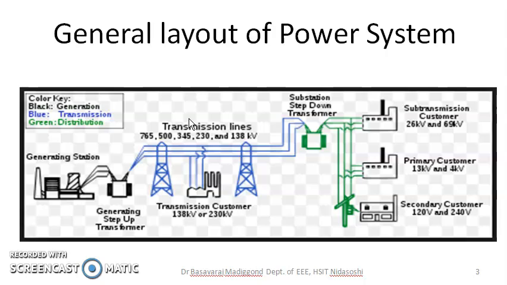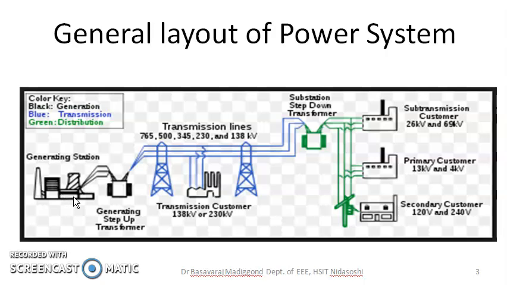An electrical supply system consists of three principal components: the power station, the transmission lines, and the distribution system. The electric power is produced at the power stations, which are located at favorable places, generally quite far away from the consumers.